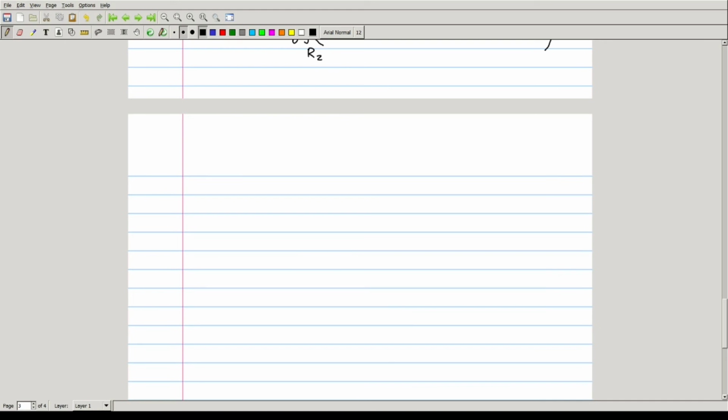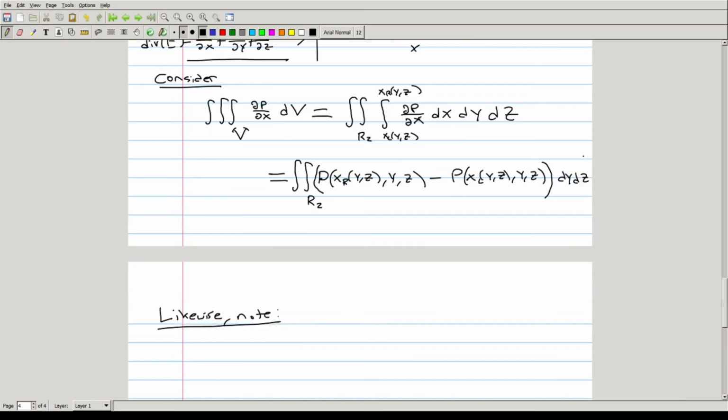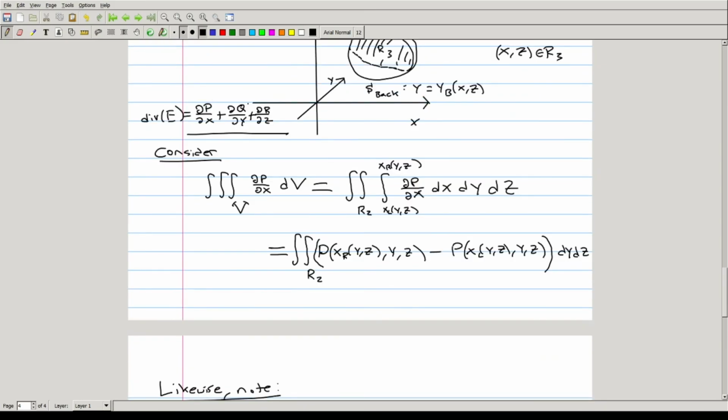We also want to note that if we do this process for the other partial derivatives, or the other terms, we're free to choose our order of integration for each one of these triple integrals.